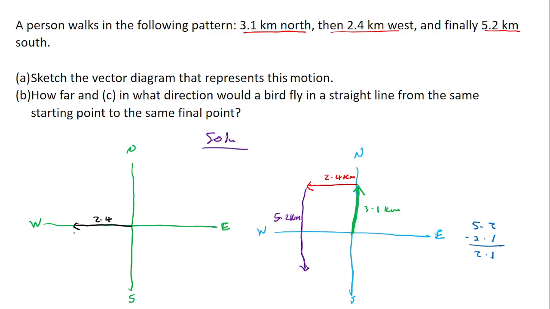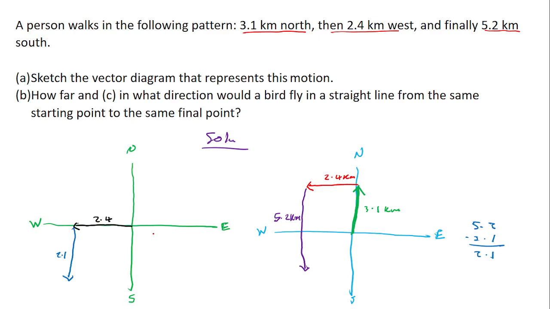So from there to there, you need to expect 2.1. So the resultant is on this particular part, like that.